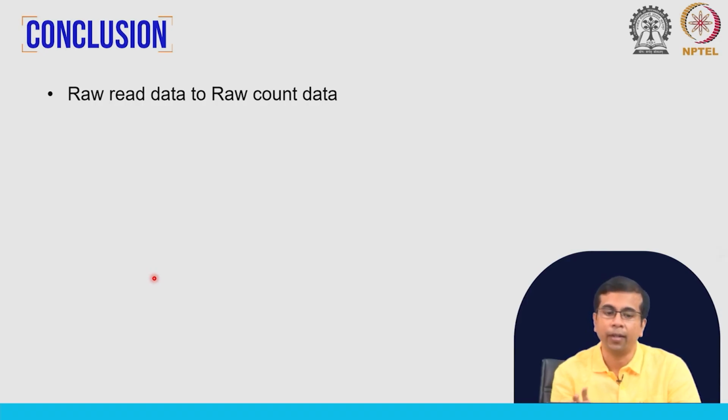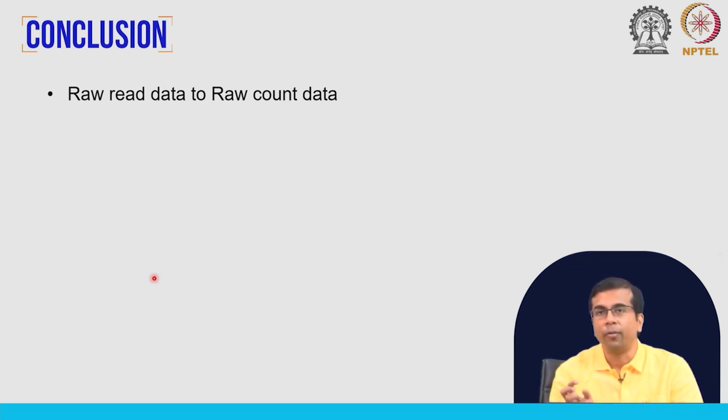We have done the hands on, and we have seen these abundance values generated from the mapped data. And we have talked about some of the tools that can do this very simply. We have HTSeq-count and featureCounts. We have not used featureCounts, but we have used HTSeq-count in our analysis, and we have generated the raw count data. And this raw count data serves as a proxy for the expression level.